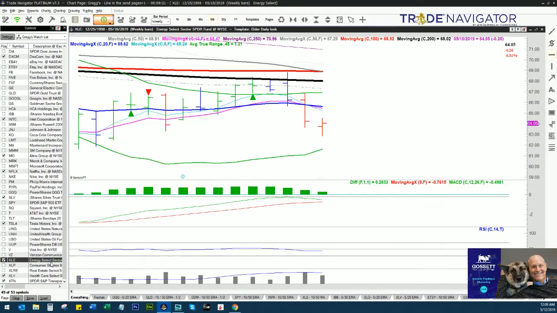All right, let's look at XLE. If I had an entry on the daily and it looked good and I turned to the weekly, is there anything here? Not really. I mean, the only thing I could say is that it did test this previous low, rejected it, and closed back above. That's something, but it hasn't really tested any major moving averages or anything like that.